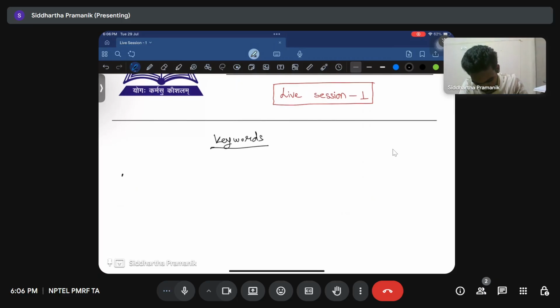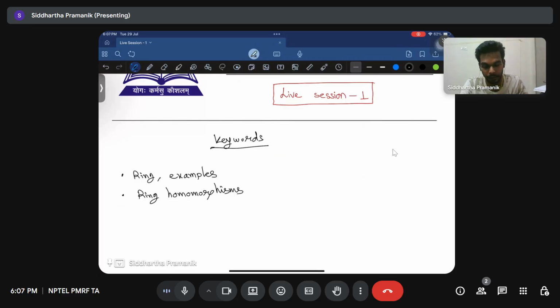We started with the definition of ring. We saw some examples. Then we studied the ring homomorphisms. And then we saw the special type of ring, polynomial rings, which is the most important for us in this course.